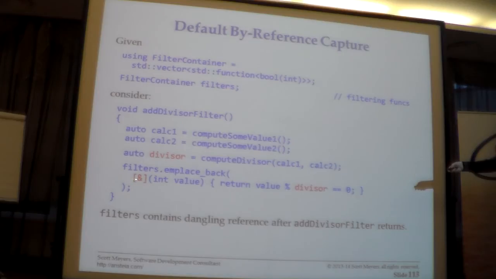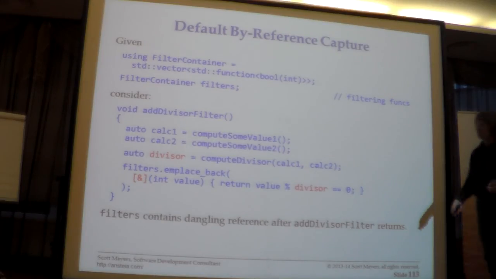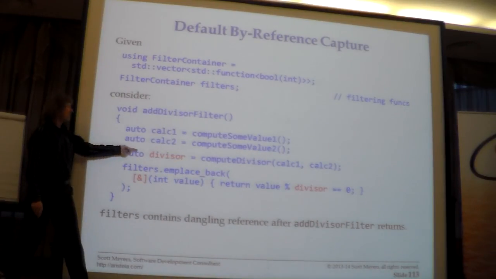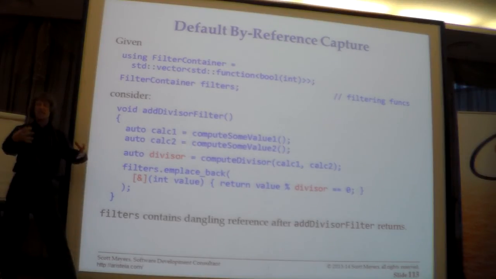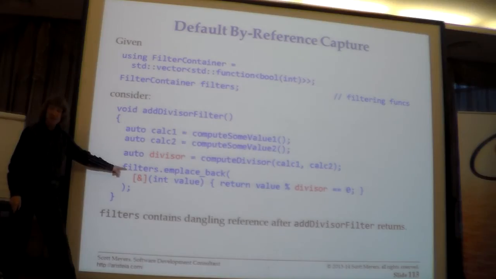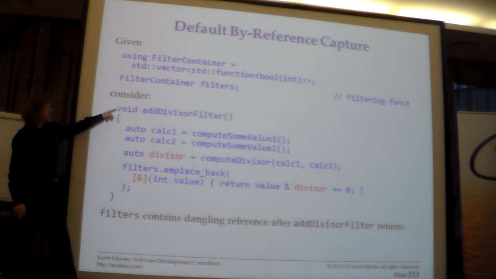Notice that I am using a default by-reference capture. divisor is a local variable. We will therefore have a reference to divisor inside the lambda, which will then be put inside filters. At the end of this emplace_back statement, we will exit addDivisorFilter.